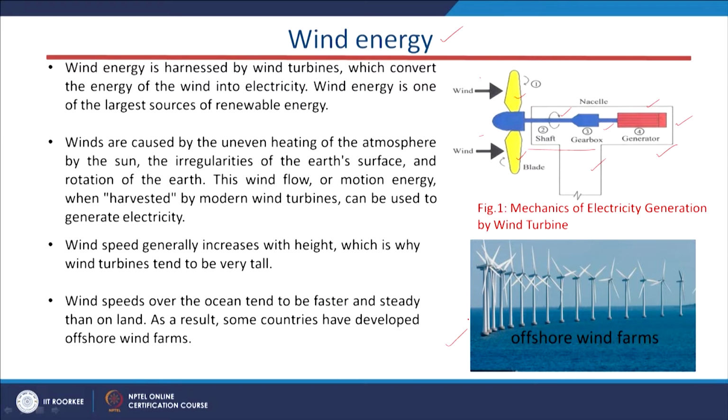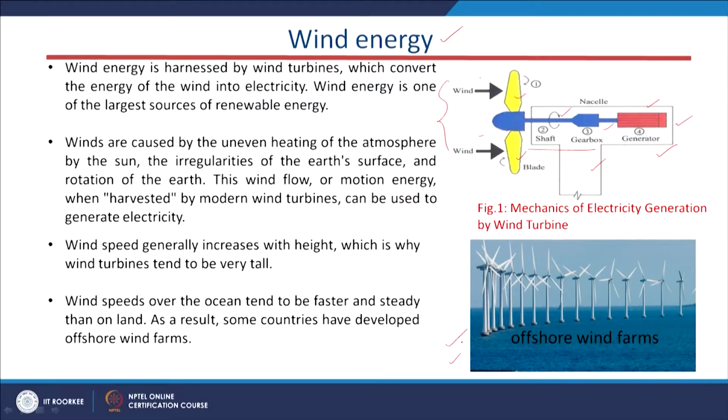Now, if you see the second picture, we have the offshore wind farms. First of all, we have onshore, meaning on land, we have wind farms, and also offshore, on the ocean. So we have two kinds of wind farms. On land, the speed of the wind is not steady and also not so high, and that is why the wind towers are very tall on land.